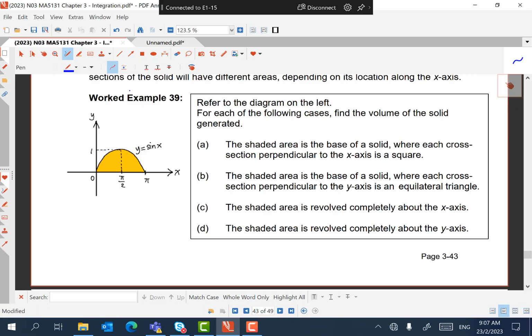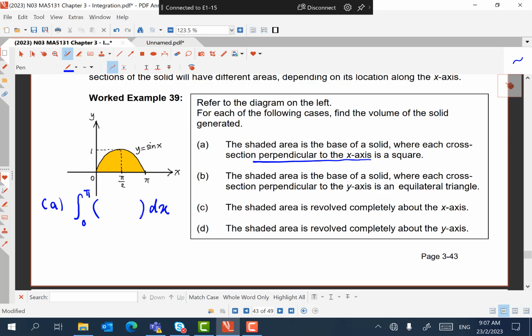The moment it is perpendicular to the x-axis, the way to remember for part A is dx. In this case, x will run from 0 to pi.